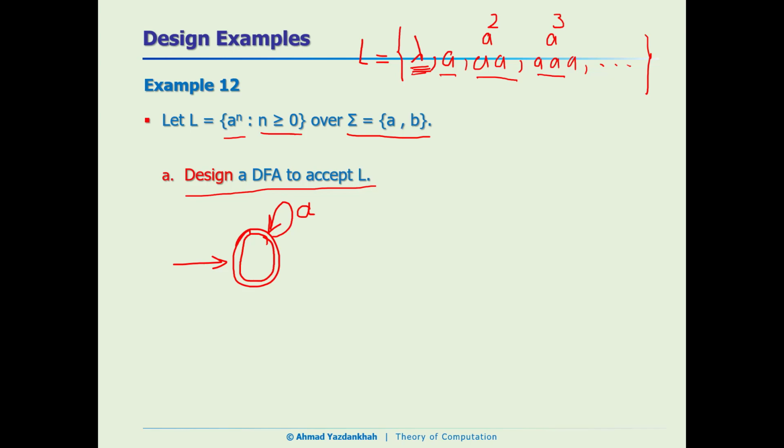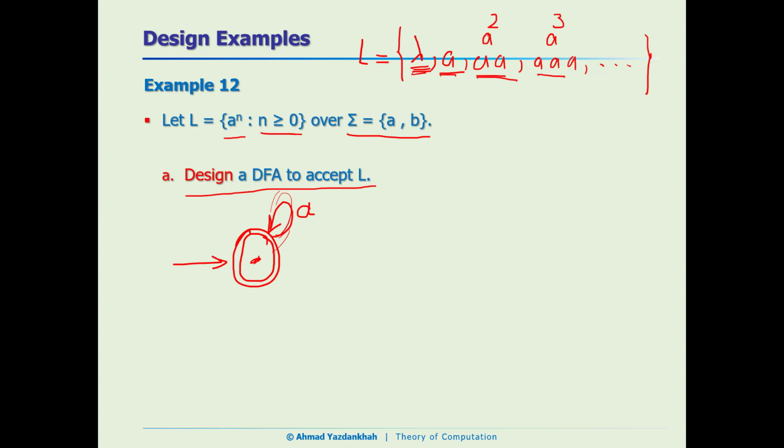Do you agree that, for example, if we have one a, it loops and stops here? If we have aa, it will loop twice and stop here again, right? So you agree that all of the a's, including lambda, will be accepted here.